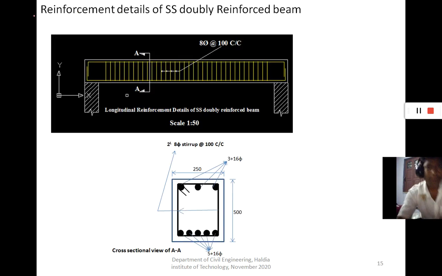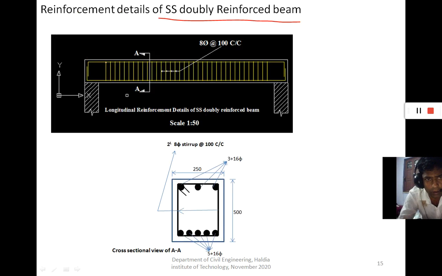So these are reinforcement details of simply supported doubly reinforced beam. This is a longitudinal view of the reinforcement details. Stirrups are used. The spacing of the stirrup is 100 mm center to center, and diameter of the bar is 8.5. So you see that this bar is extended here because the stirrups are placed around the bar.